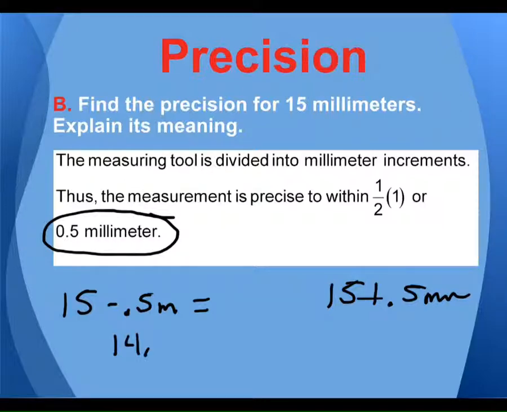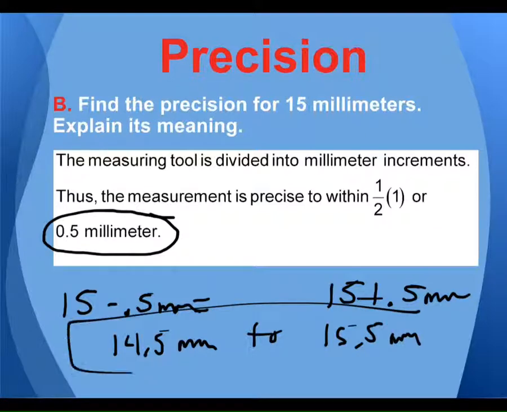So that'd be 14.5 millimeters to 15.5 millimeters. So this measurement is precise within this range. Okay? Half of the smallest unit. Kind of making sense?